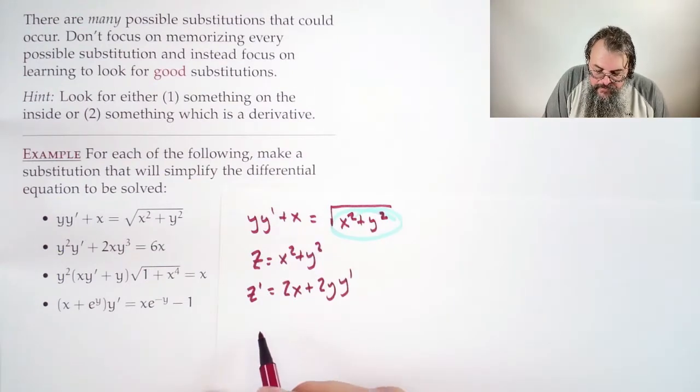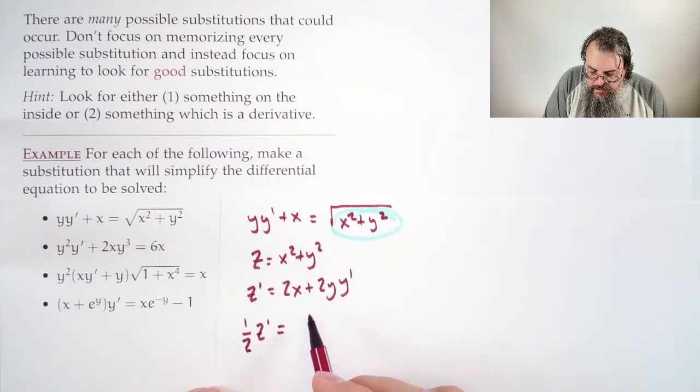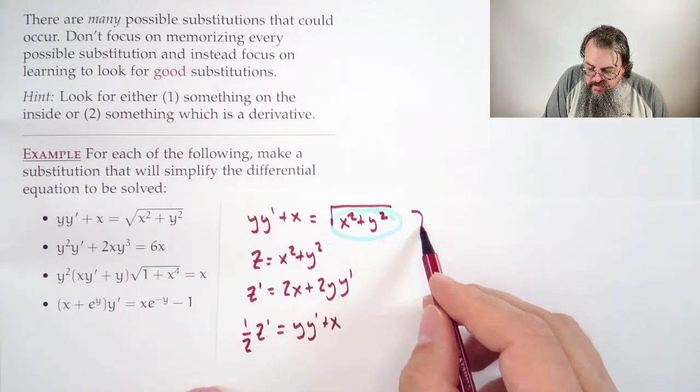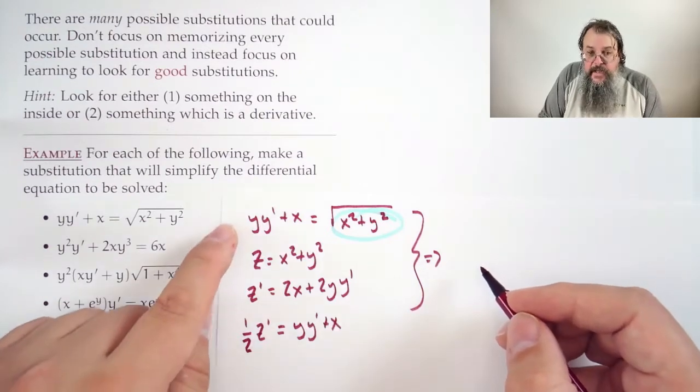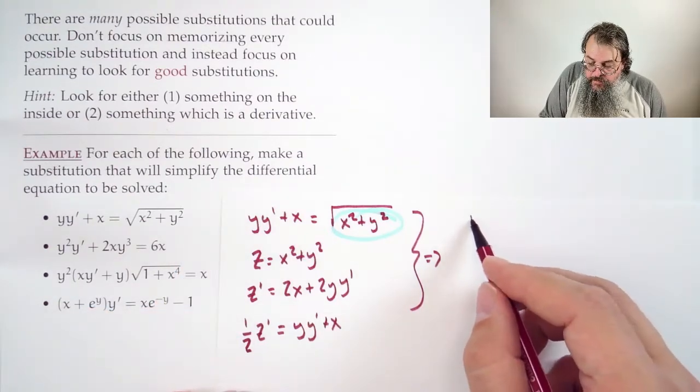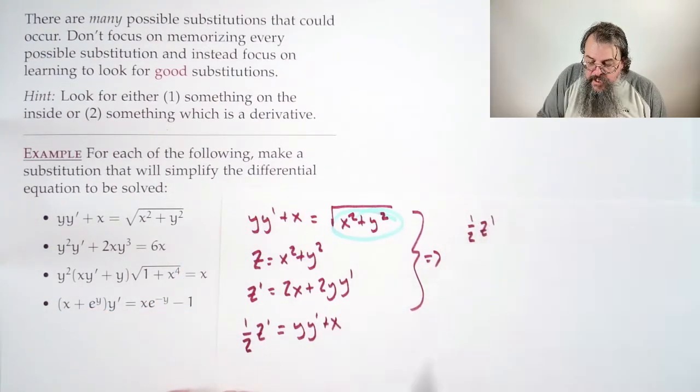Okay, so we could then say, like, a half z prime equals, we'll write as, y prime plus x. So, making our substitution, the left-hand side would be 1/2 z prime.